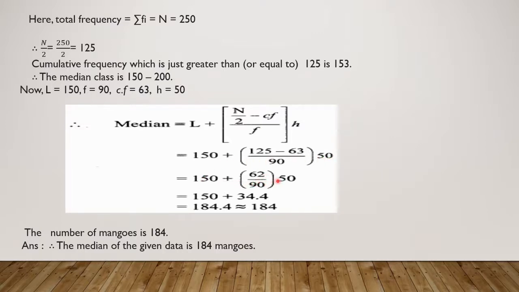That is 150 plus 34.4, therefore 184.4. But the number of mangoes cannot be a fraction, therefore it is 184. The answer: the median of the given data is 184 mangoes.